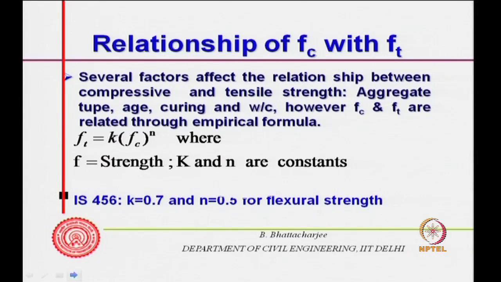IS 456 says k equals 0.7 and n equals 0.5 for flexural strength. So, f_t is given as 0.7 root f_ck, where f_ck is not f_c but the characteristic strength.